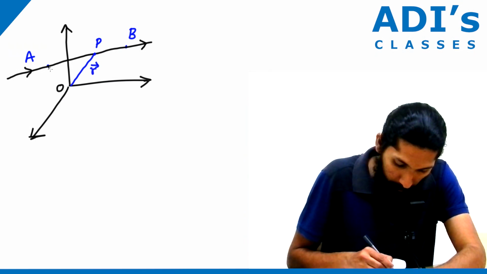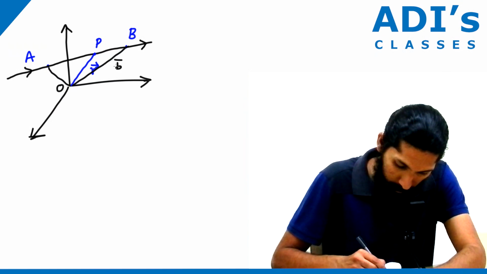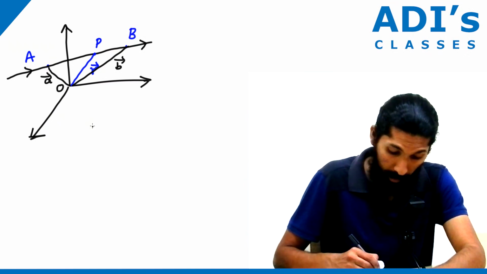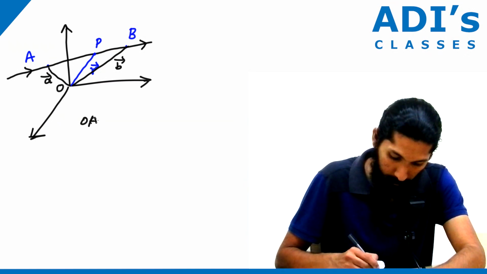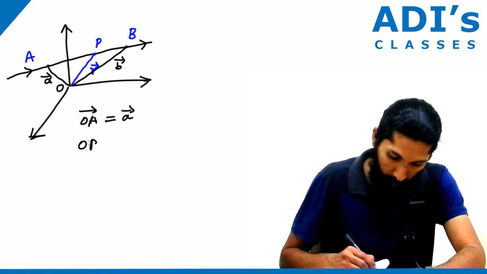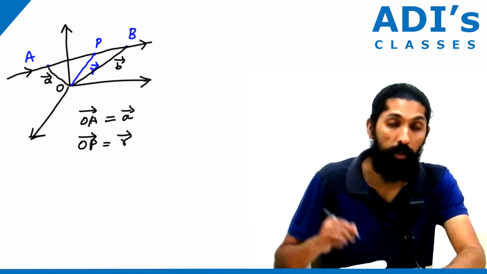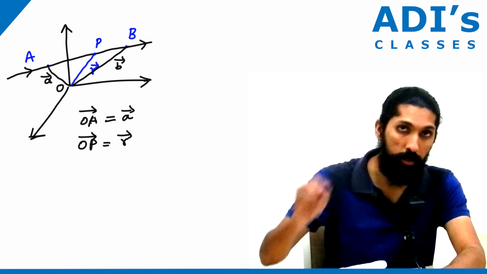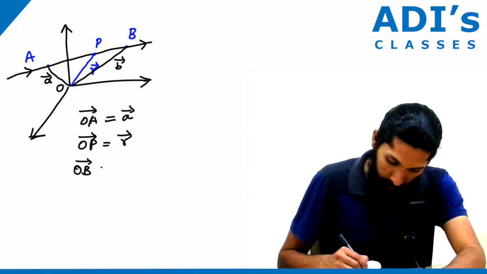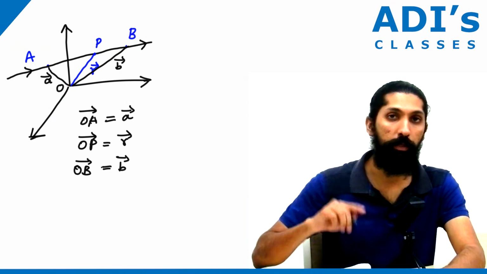Now O to A, and then we have O to B. This is vector B, this is vector A. So what we are doing here, we have OA, this is equal to vector A. Next we have OP, which is vector R, some arbitrary point P, and the position vector is R. Next we have OB, which is vector B. Now we have vector A, vector B, vector R.